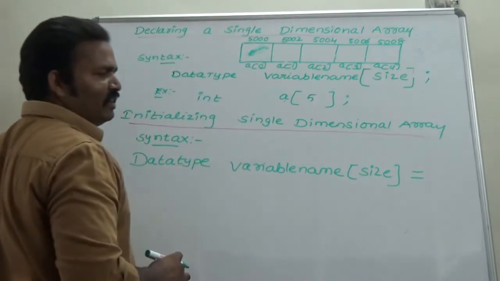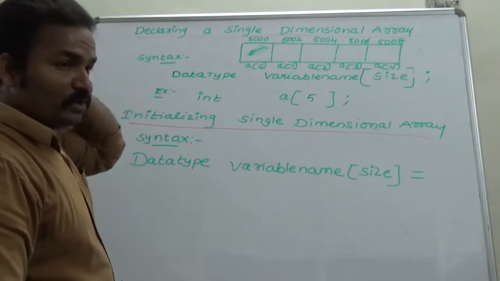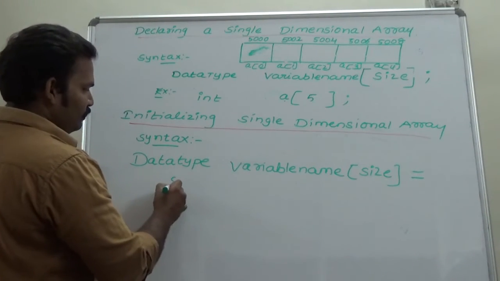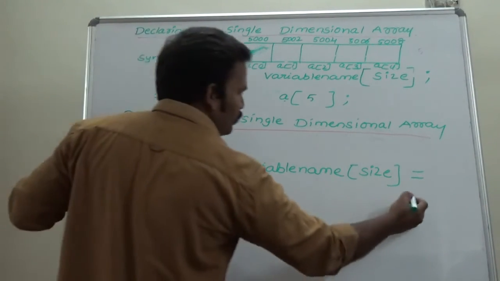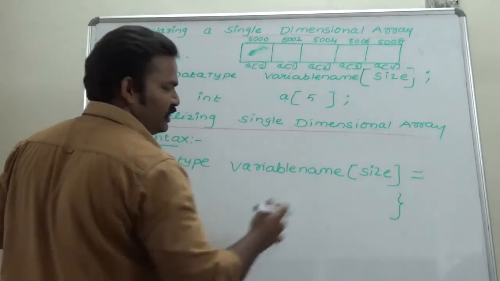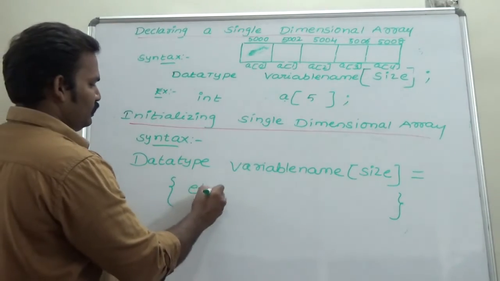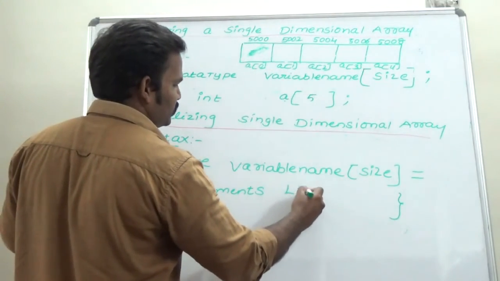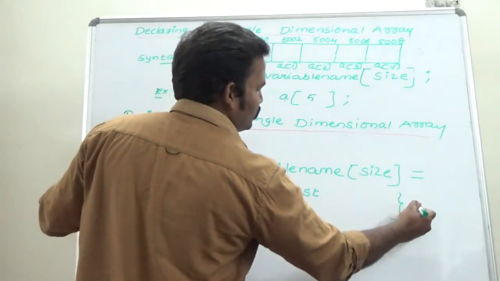Here also we are using the assignment operator to assign elements to the array variable. Within the curly braces only, we have to specify the elements list, and end with a semicolon.